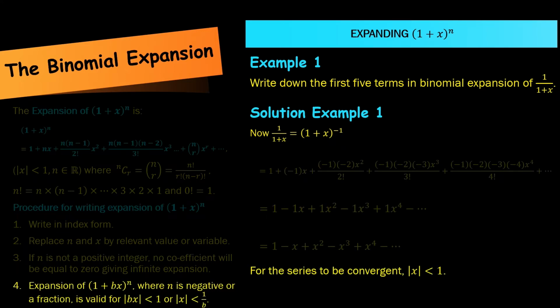Finally, we need to consider where this is valid. The expression is going to be valid when, in the general form, for 1 plus bx, mod bx is less than 1. So for our series to be convergent, we need to have mod x less than 1, as highlighted.